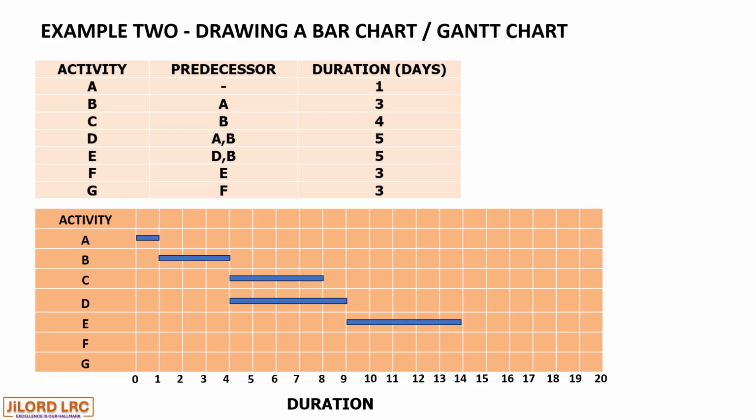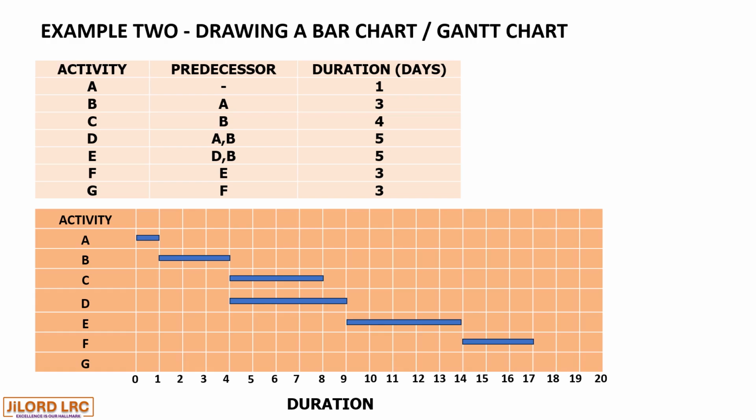Now activity F would have to start when E is completed. So 14 plus 3 is 17. So the bar is drawn from 14 to 17.